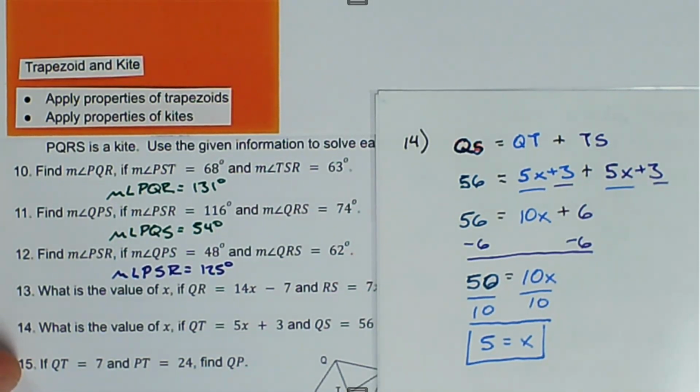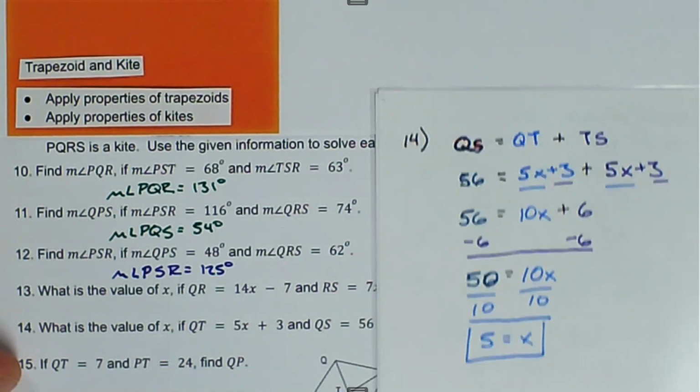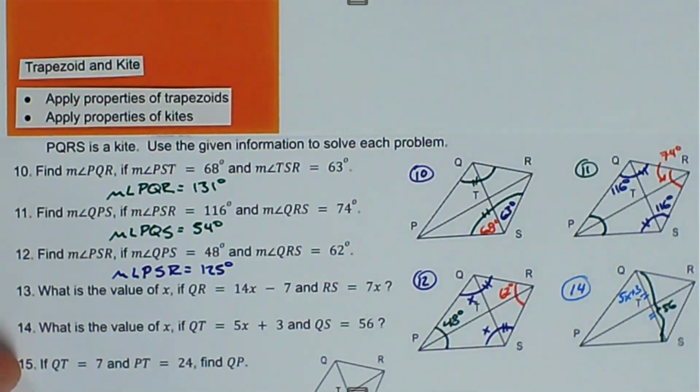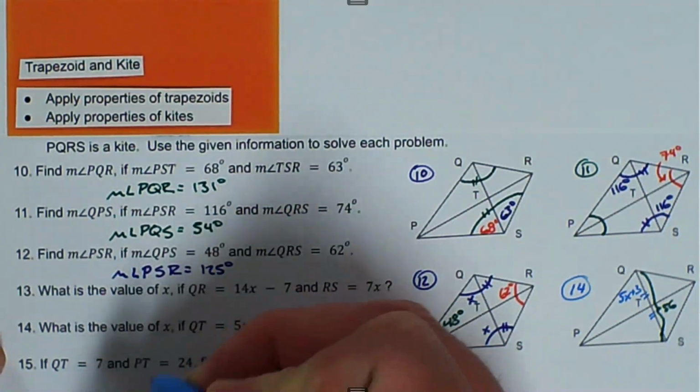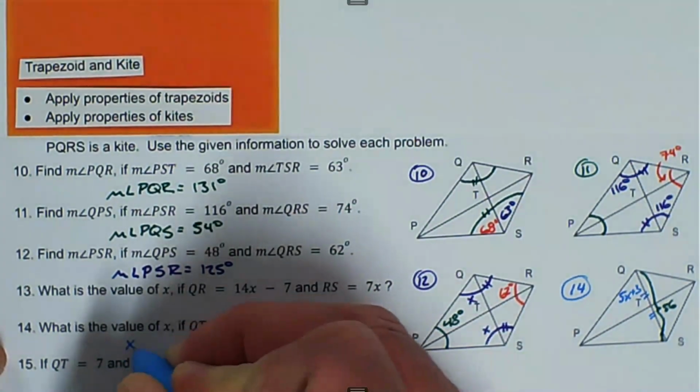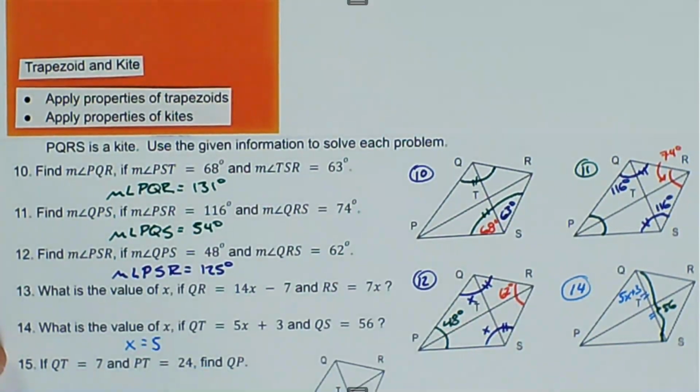So we get 56 is equal to 5x plus 3 plus 5x plus 3. Combine our like terms, so we get 56 is equal to 10x plus 6. Subtract 6 from both sides, and we get 50 is equal to 10x. Divide by 10, and we get x is equal to 5. And that was number 14.